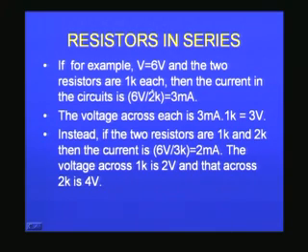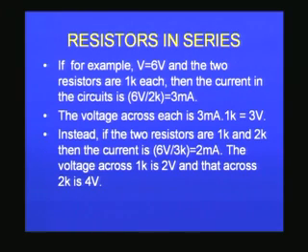So, the current in the circuit with one 6 volt supply and two 1000 ohm resistors connected in series will be 3 milliamperes. Now, if we know the current, then immediately we can obtain the voltage developed across each of the two resistors. All that I have to do is multiply the current by the corresponding resistance.